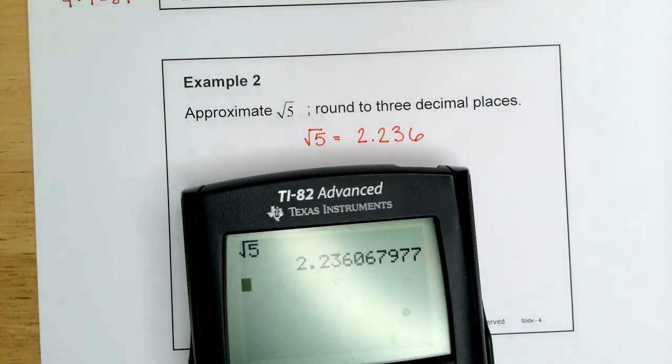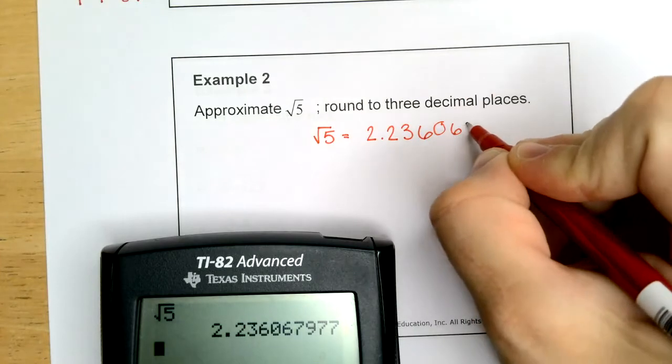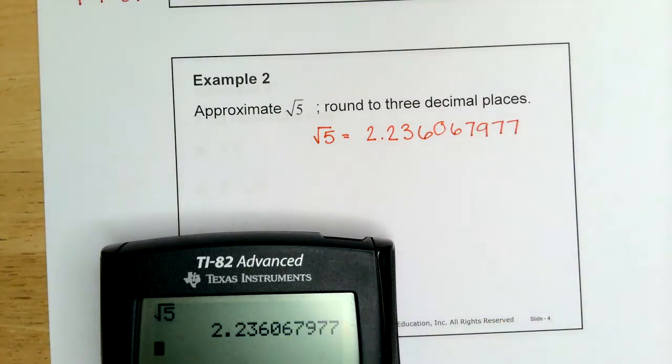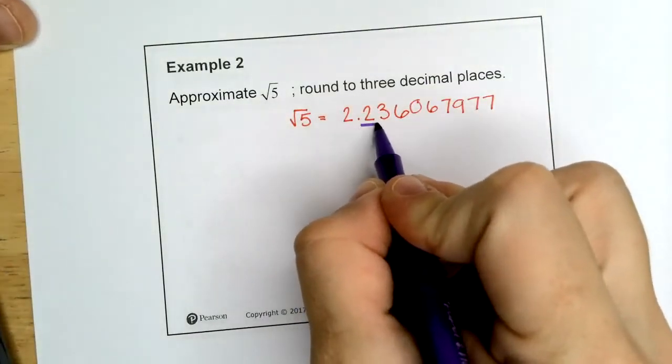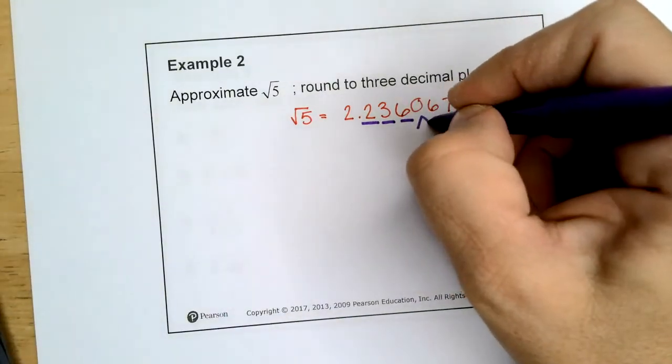Then remember, you always need to look at the number after. So it should be 0.6797. That's what my calculator will do, right? I know that 3 decimal places are the 2, the 3, and the 6. But I want to look at this one.